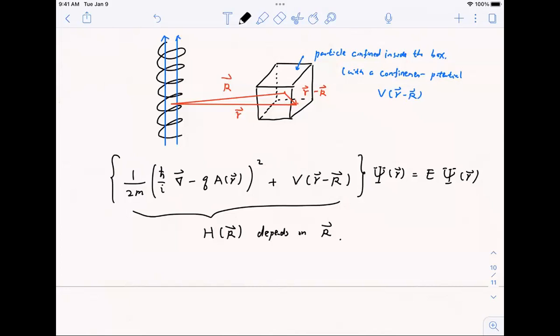The box has the coordinate of big R, and this Hamiltonian would depend on the position of this box. If this R changes, your Hamiltonian is going to change.